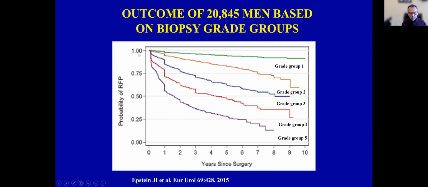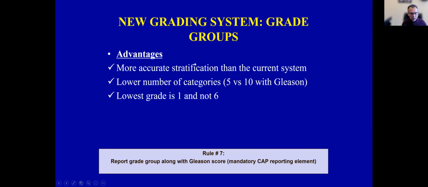The advantage of these grade groups has now been validated and shown in many cohorts, showing nice clean separation of individual grades into discrete stratification. In addition to this distinct stratification for prognostic purposes, other advantages include a lower number of categories, 5 versus 10 with the standard Gleason system, and the fact that the lowest grade is 1 and not 6.